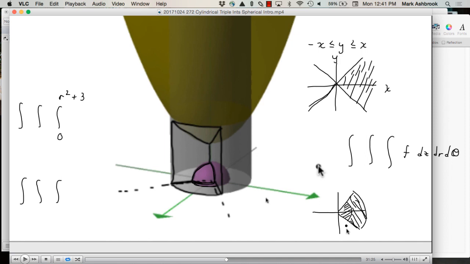So that's what you said, 1 to 3? r goes from 1 to 3. Theta goes from negative pi over 4, which is y equals negative x, to pi over 4, which is y equals x. And that's dz, so times r. I'll just put the r over here because I don't have room now.